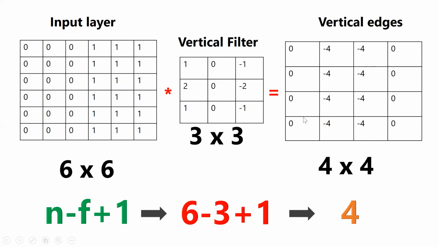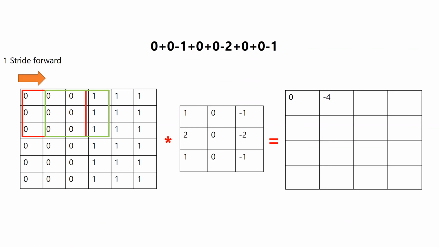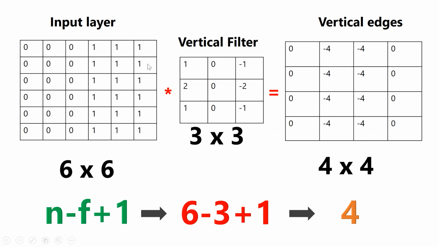If you see, this entire part is 0, this entire part is 0, and this is -1 and -1, right? So like I was telling, we will just be multiplying our input layer with the vertical filter, and we will be getting these vertical edges.